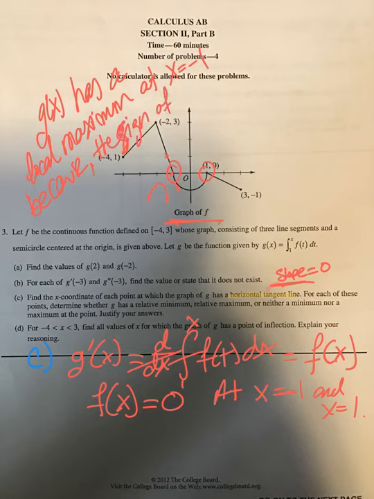The sign of the derivative of g of x changes from positive to negative. There you go.